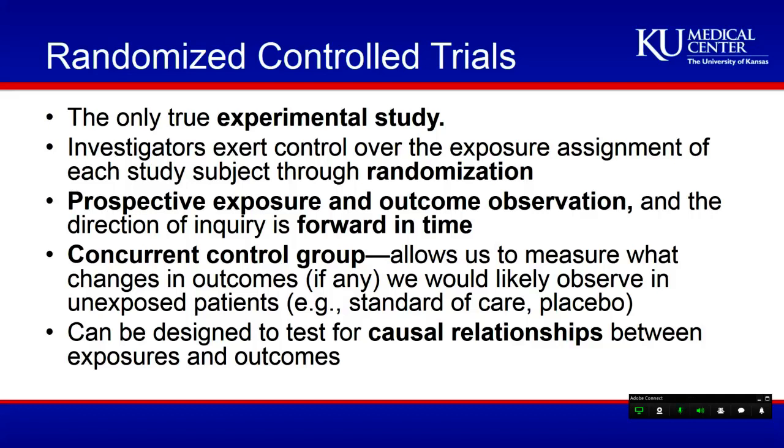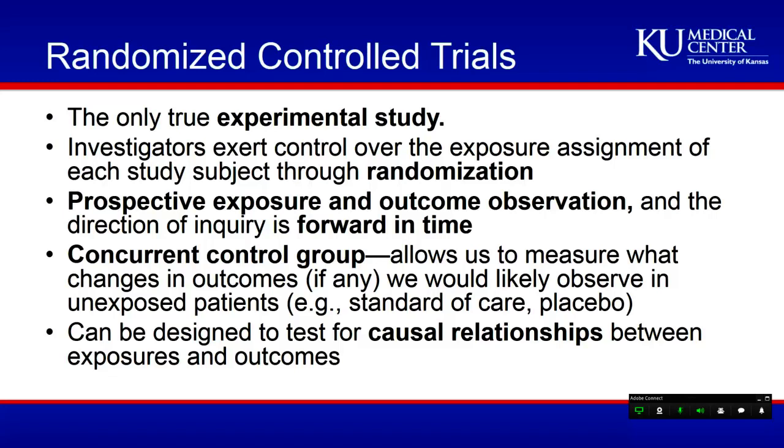Otherwise, it wouldn't be a randomized controlled trial. There are other ways of assigning treatment or exposure, but randomization is the preferred method for what I just mentioned a few moments ago, which has to do with trying to balance out unknown factors that could influence or bias the look at the exposure outcome relationship.